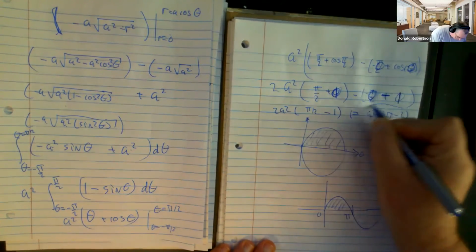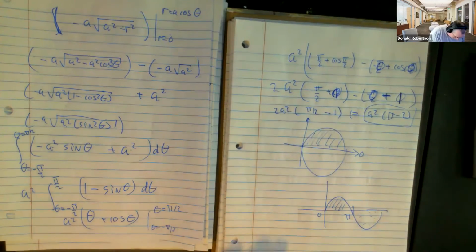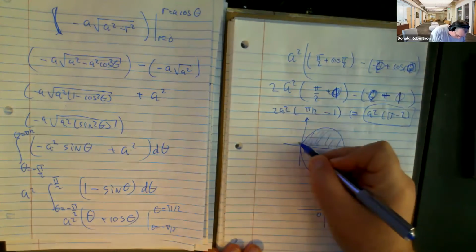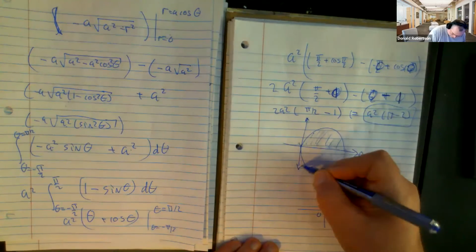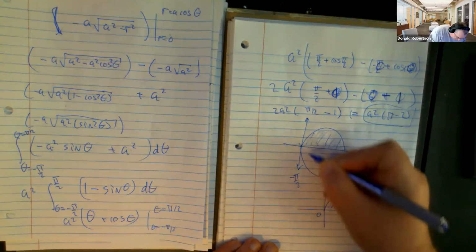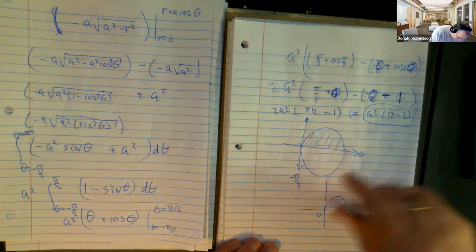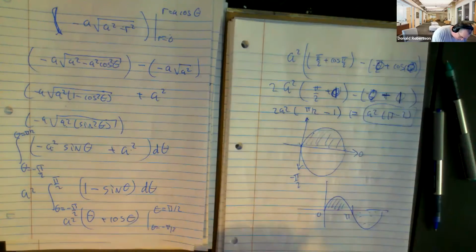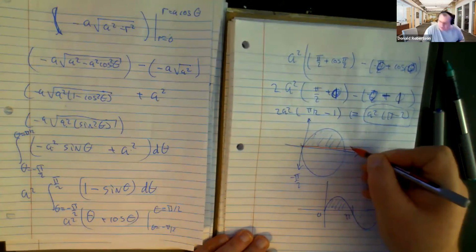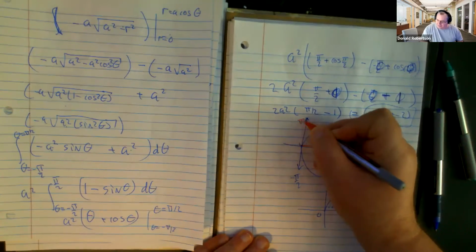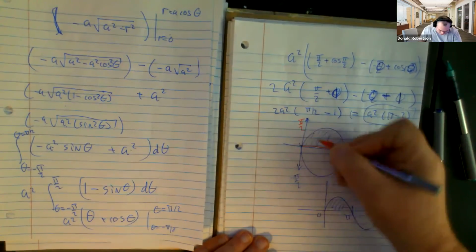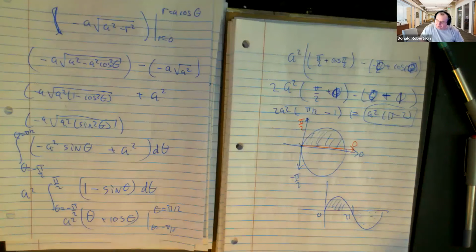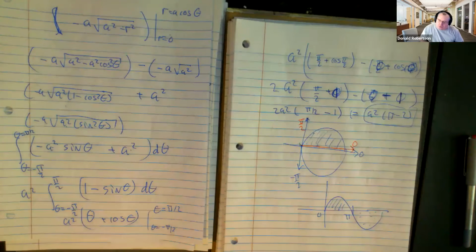So they decided to not do negative pi upon 2 to pi upon 2. They decided only to do half the shape. So that's 0 to pi upon 2 and then double it because, you know, half a circle doubled gets you a full circle. I would never have thought of that. And yes, it is weird.